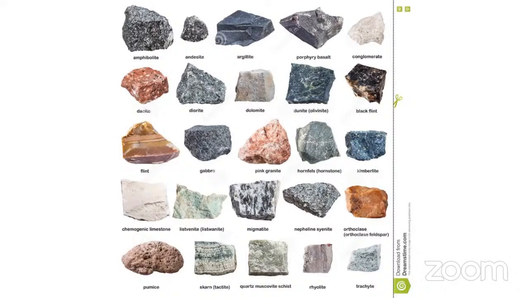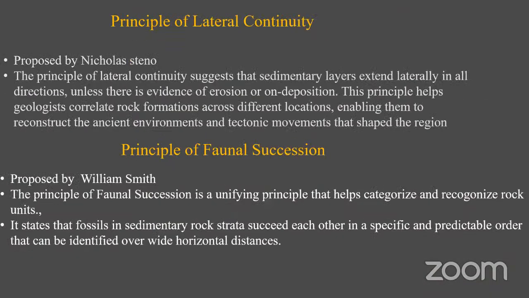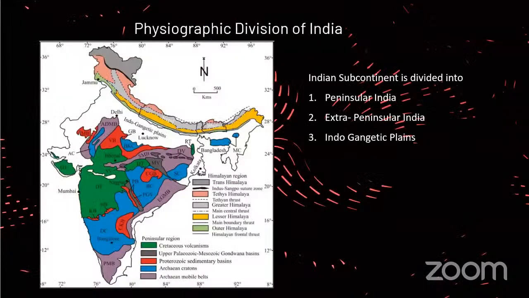So today we are discussing an introduction to Indian geology. I just want to show one image, as I discussed at the starting of these slides. If you observe this picture, in the southern part is the Deccan Plateau, about Bangalore and this region, and this is the PMB region and CKB in Kadapa.